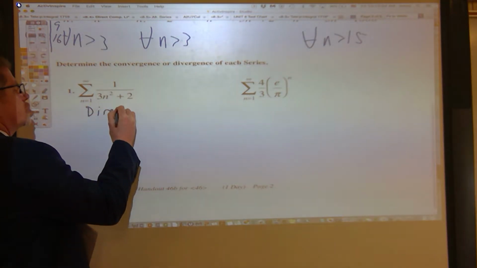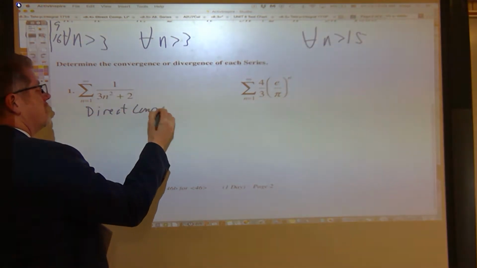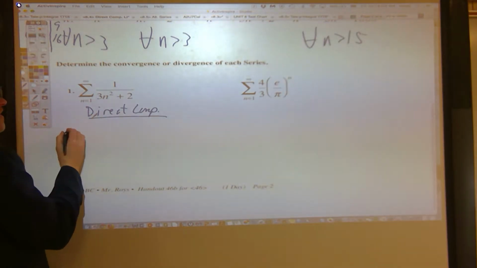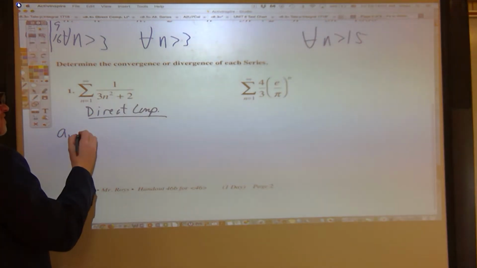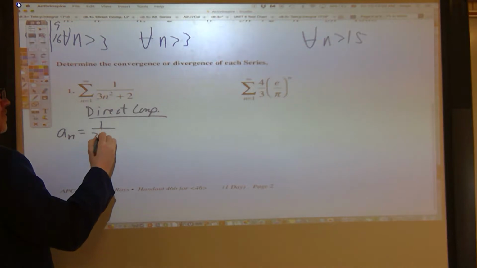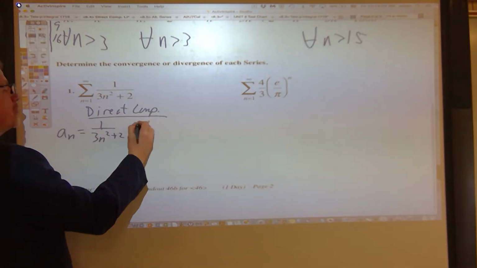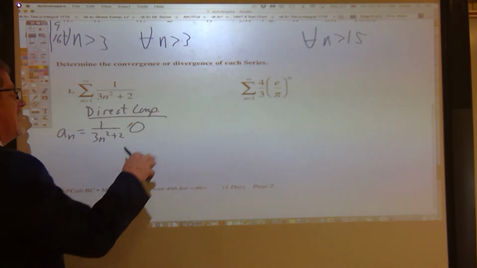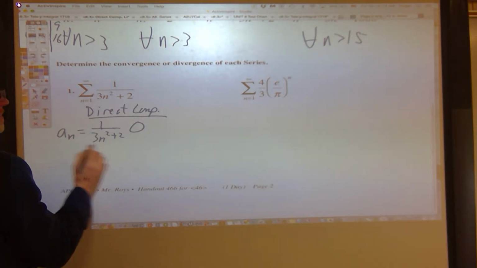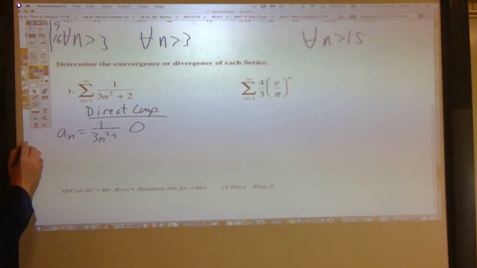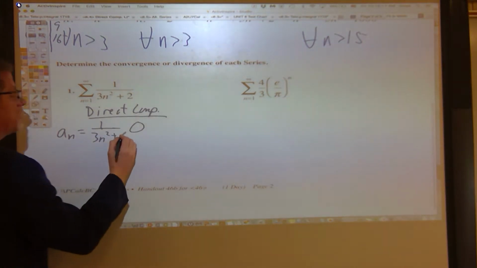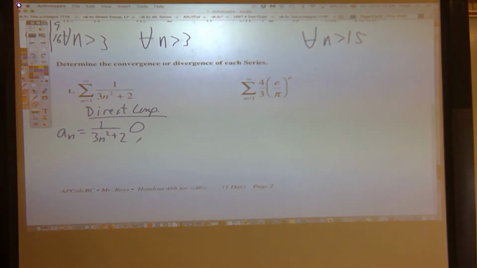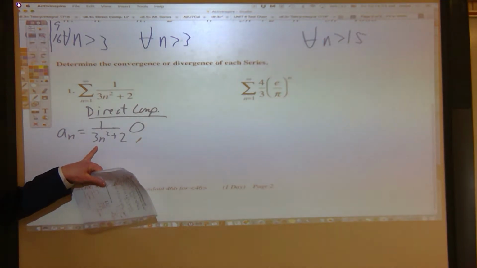We write direct comp. Underline means it's a test. You have to define a sub n, which is 1 over 3n squared plus 2. Make a circle problem, just like we've been doing on a whole half page of circle problems where we compare, and pick a b sub n. The b sub n that you pick is going to be the simplest function of n that you can think of that has the same degree as the given one.